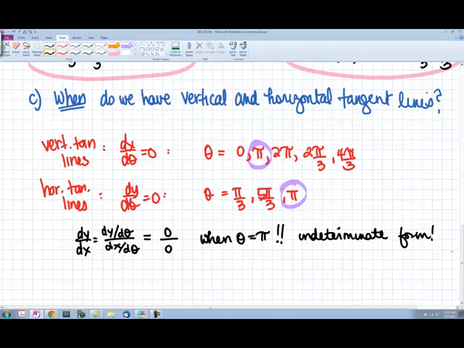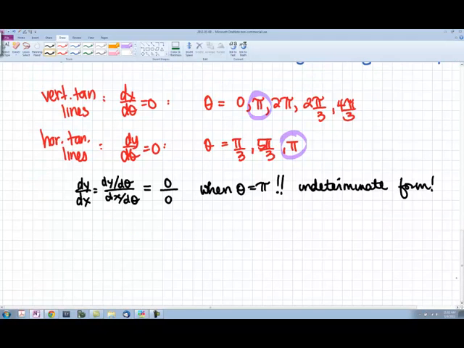So what's going to happen is we're going to have to use L'Hopital's rule. We need to figure out which one it is exactly. So whenever you calculate your dx/dθ and dy/dθ and have the same angle appear in both, we need to calculate the limit as θ approaches that particular angle of your slope and evaluate it.